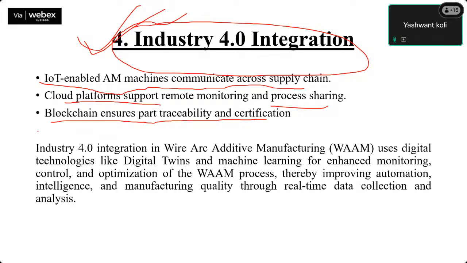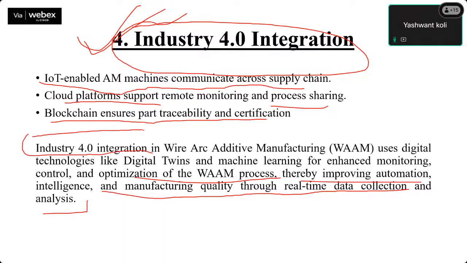By integrating DT and ML for enhanced monitoring, control, and optimization of the VAM process, we improve automation, intelligence, and manufacturing quality through real-time data collection and analysis. So the Industry 4.0 integration is mainly due to DT and ML. That is what Industry 4.0 needs.